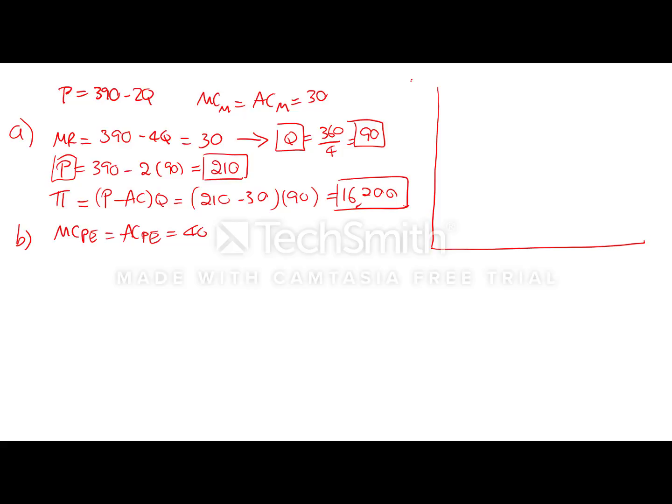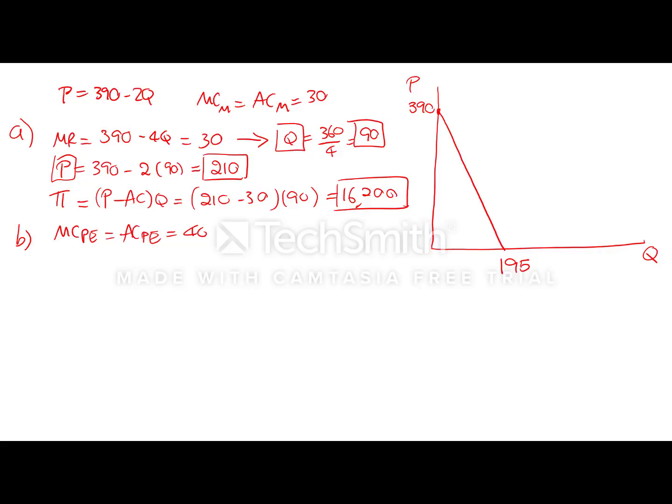The original demand curve has 390 as the y-intercept. And the x-intercept on the quantity axis: the slope is 2, so this has to be half of 390, which is 195.